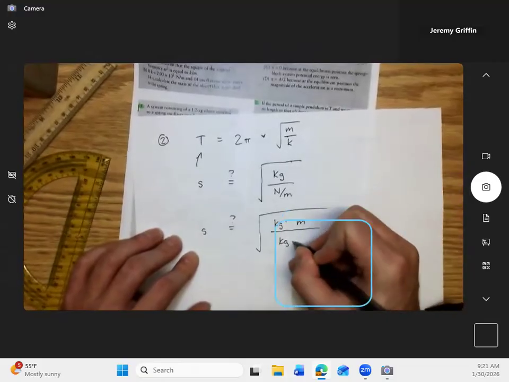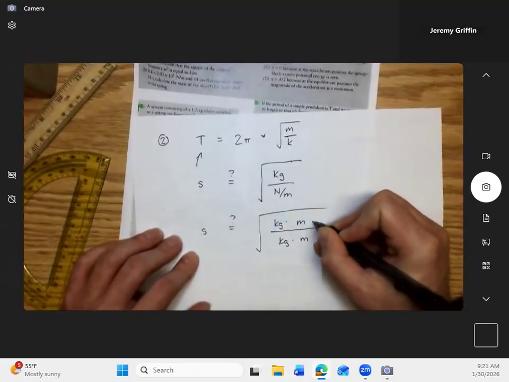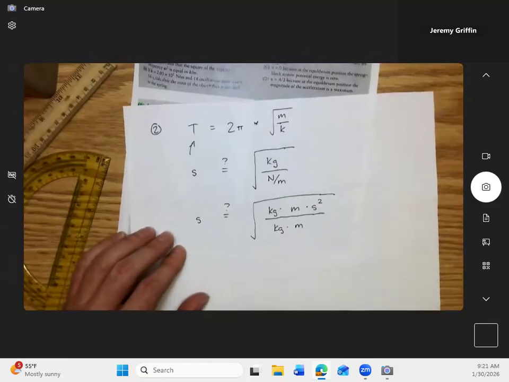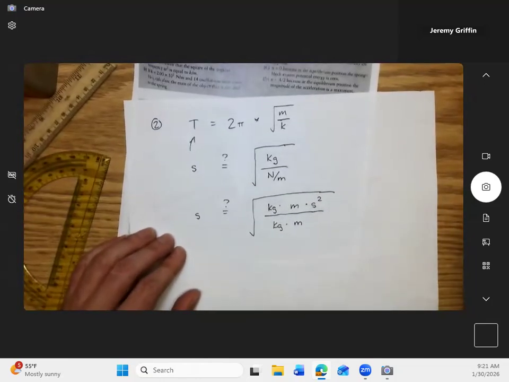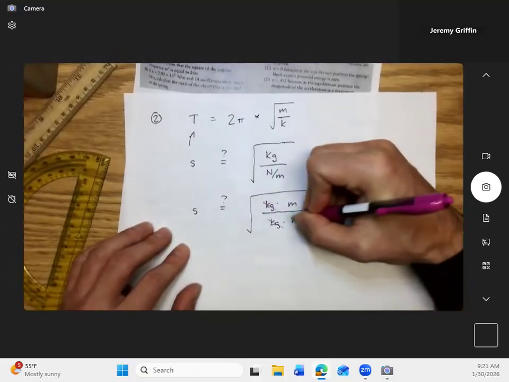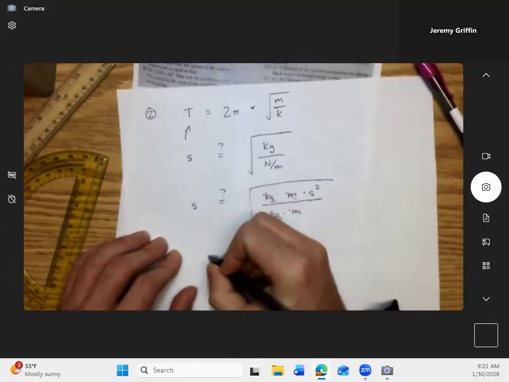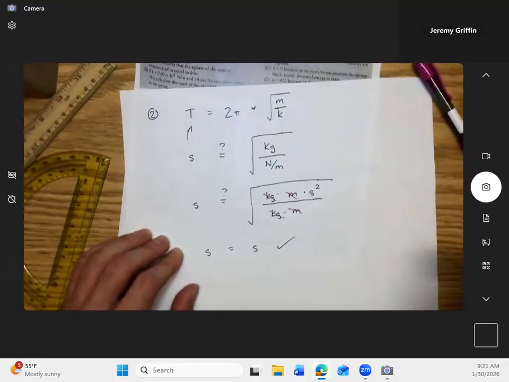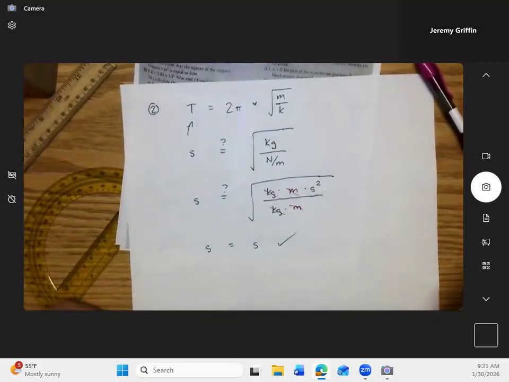Can the second squared flip back up on top? Hey, I wonder what's going to cancel out. Seconds equals the square root of seconds squared. Oh yeah.